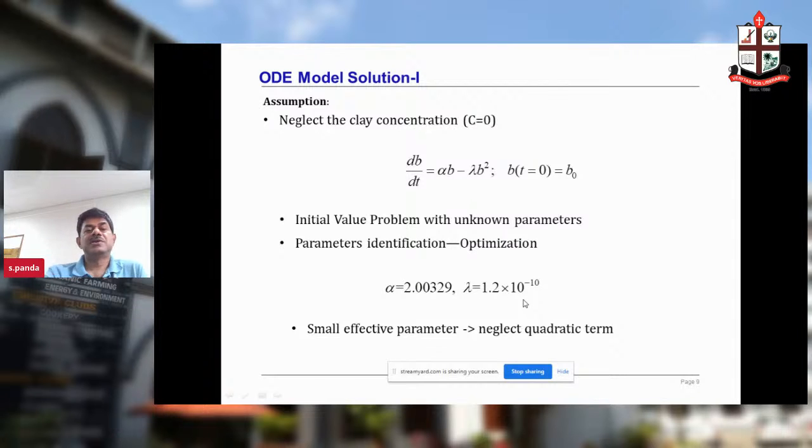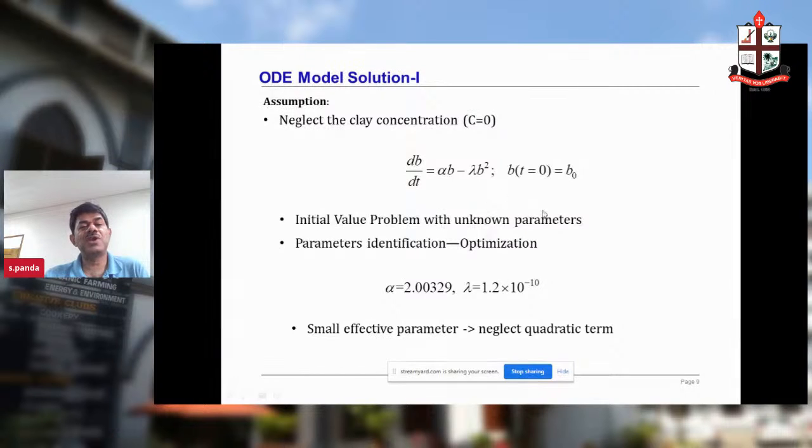That means the nonlinear quadratic effect need not be taken into account in your model. When you are modeling anything, please don't think that by writing a very big term in your equation, people will be happy or think you are doing wonderful or extraordinary work. That is not correct. You look at whether the parameter is feasible for your model. If it is not, you throw it away.